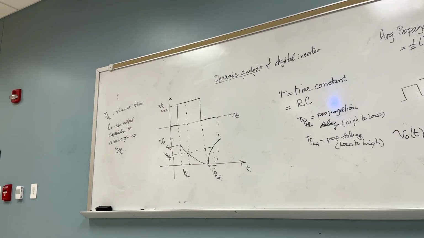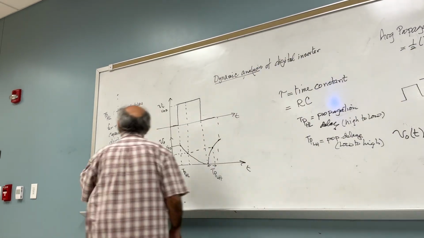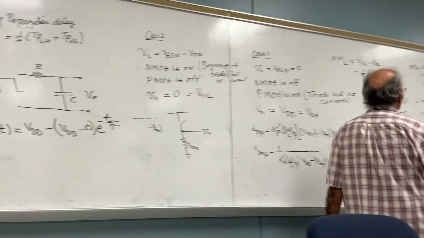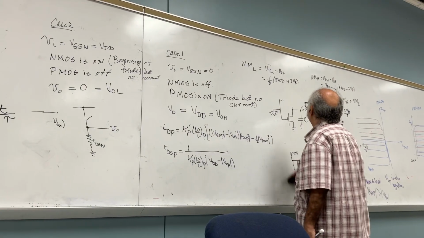Clear so far? Answer me the following question. If I'm using a resistively loaded inverter, resistively, not the CMOS, yes? How do I calculate this? By the way, if it is resistively loaded, is this correct?